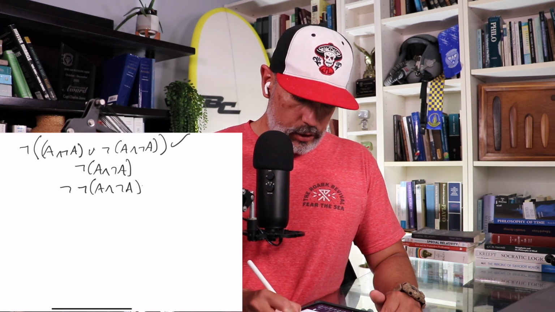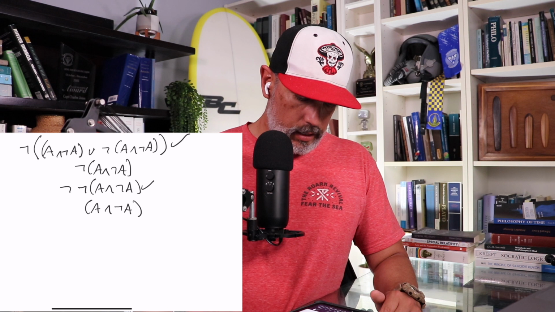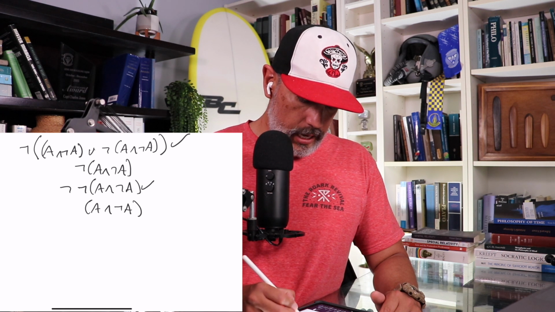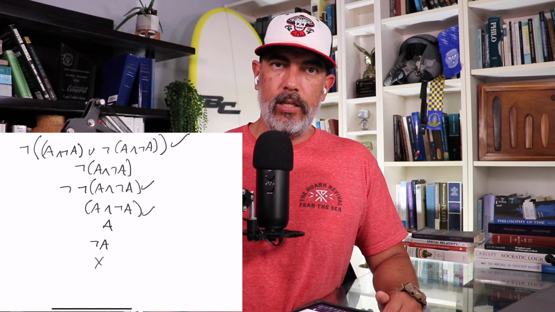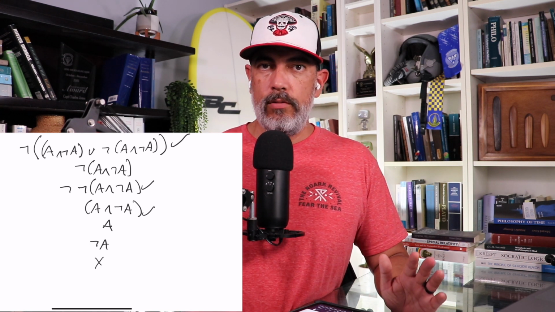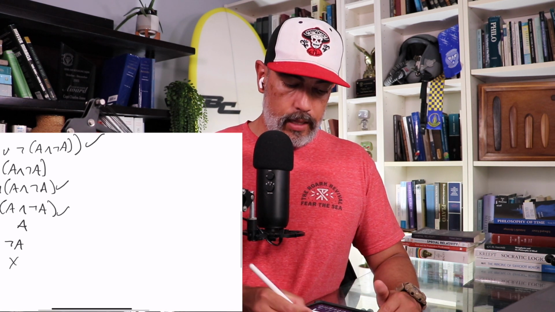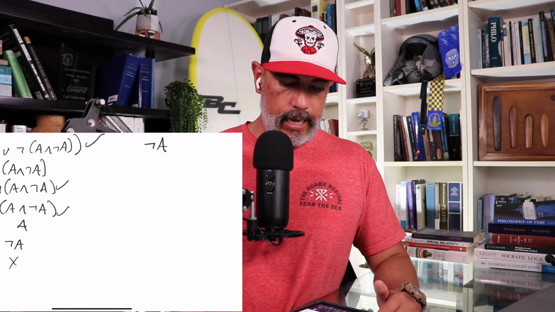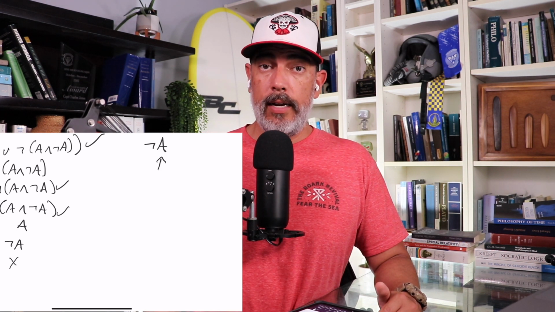And then the double negation, A and not A. Check. And we have a contradiction. All closed branches, don't need to go any further. This is a tautology. When it comes to the negation of A, not A, well, that's an open branch, so this is not a tautology.